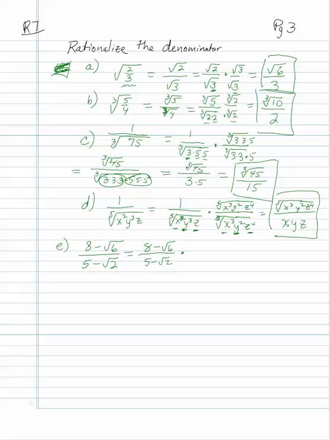And the conjugate, remember conjugate. If you have square root of a plus square root of b, the conjugate would be square root of a minus square root of b.